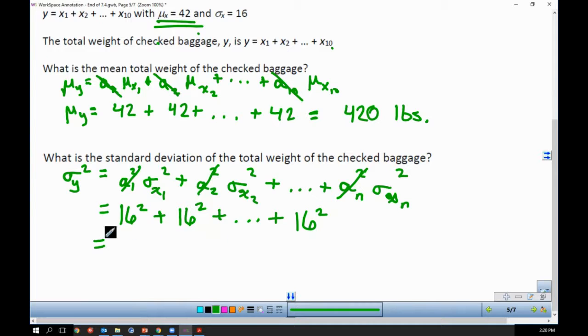So if I did 16 squared and added it up 10 times, what would I get? 2,560.